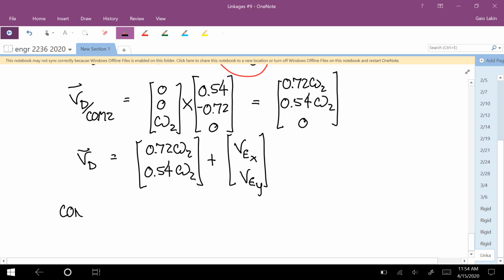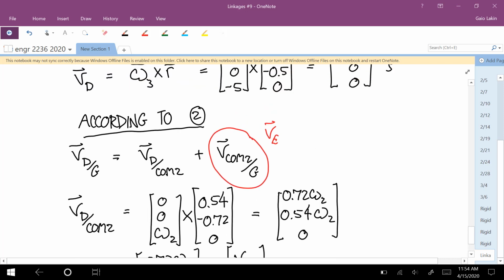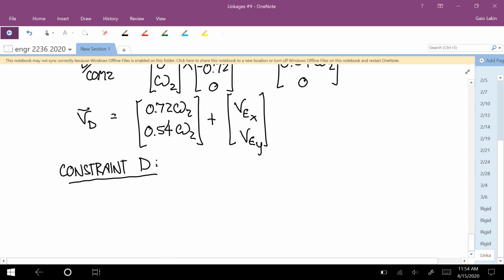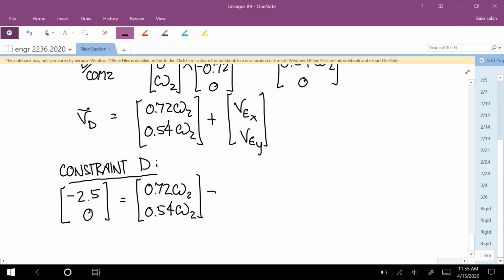Okay, so our constraint equation at D says negative 2.5, 0 is equal to 0.72 omega 2, 0.54 omega 2, plus VEX, VEY.